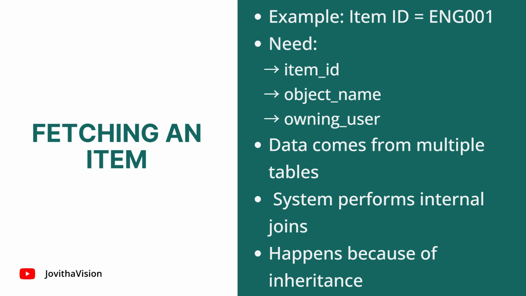So if you are fetching this item, the system cannot look in just one table. It must internally combine data from multiple tables. It retrieves item ID from the item table, object name and owning user from the workspace object table, and UID from the POM object table. This internal combining happens using joins, and the reason joins are required is because of inheritance.